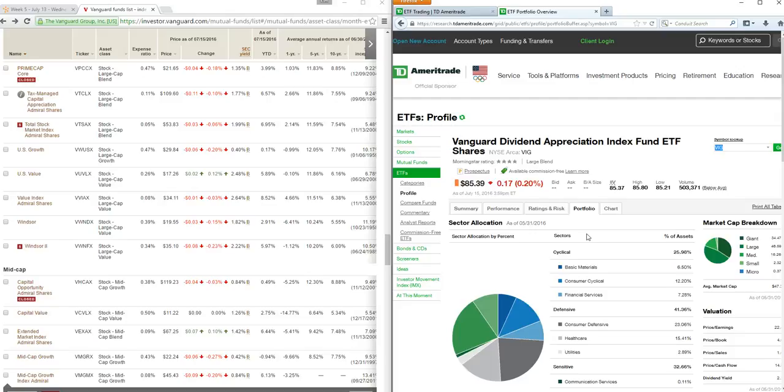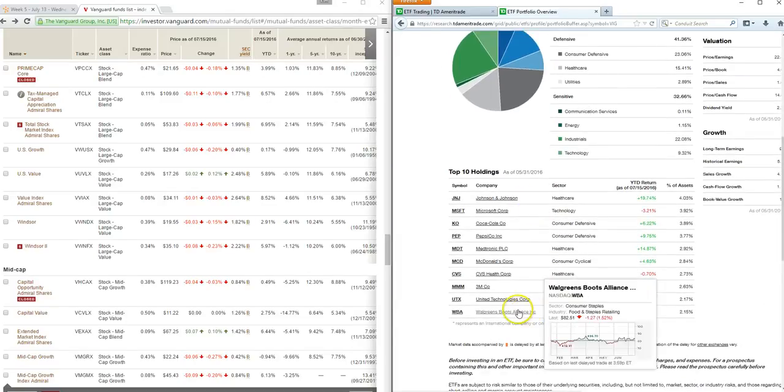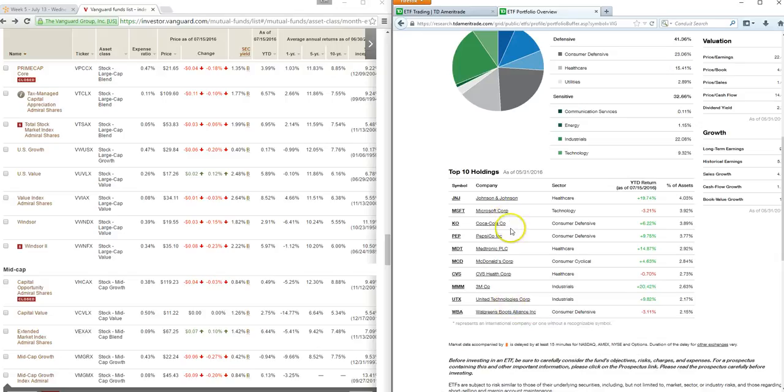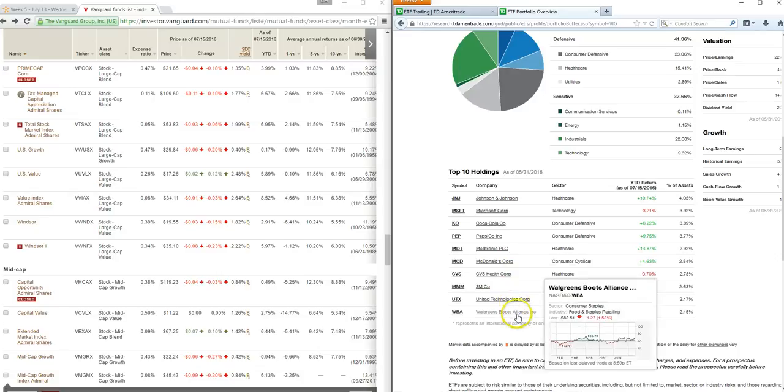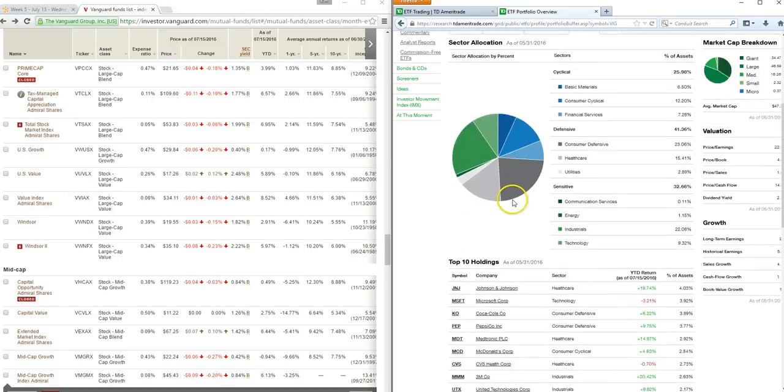And we will see that the top holdings in this fund represent these companies: Johnson & Johnson, Microsoft, Coke, Pepsi, Medtronic, McDonald's, CVS, 3M, UTC, and Walgreens. So that's what you would be buying. Those are just the top 10 holdings.